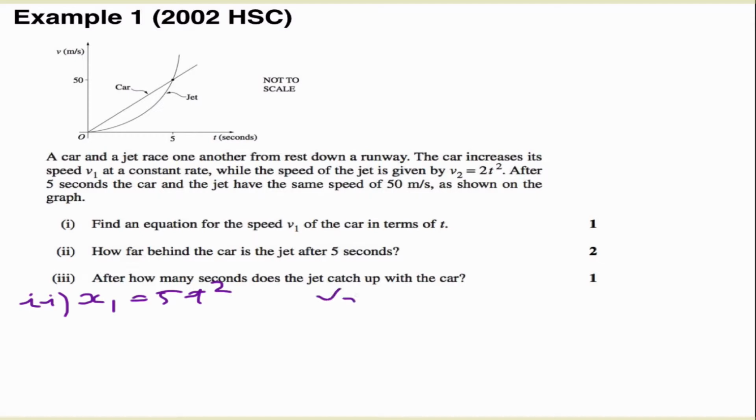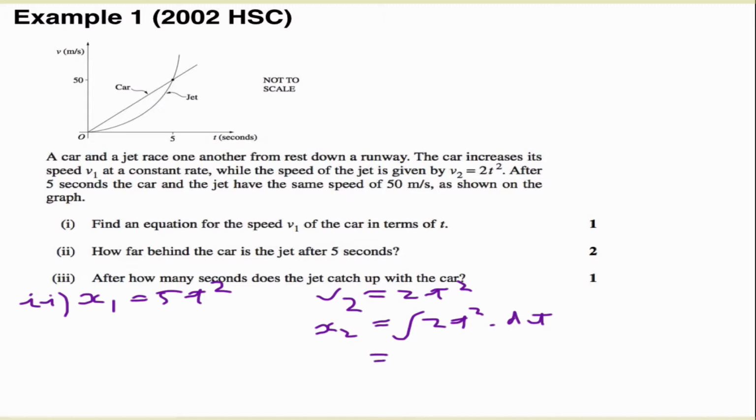Now we've got an expression for v2. v2 is 2t squared. So x2 will be found by integrating 2t squared with respect to t, because if we differentiate displacement to get to velocity, then obviously we integrate velocity to get to displacement.